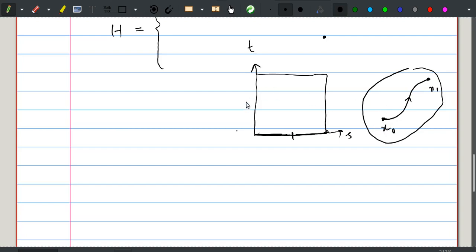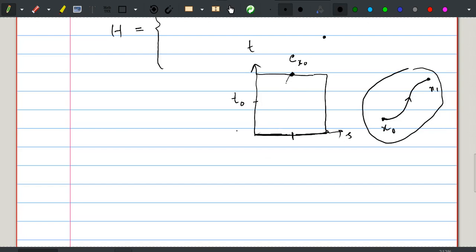Now suppose t is equal to t0. At time t0, the result is c_x0.